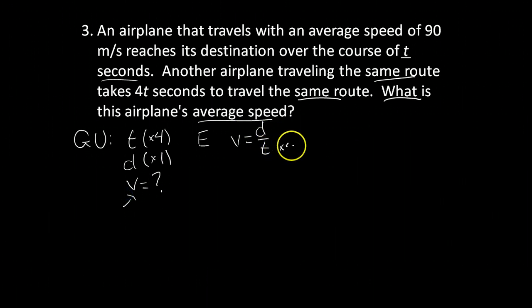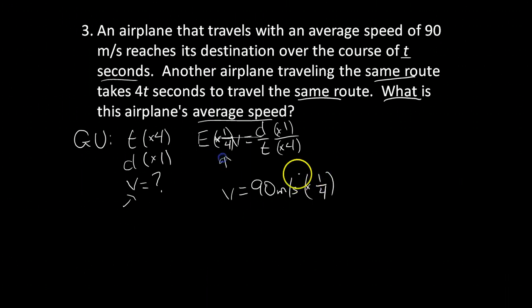Time is being multiplied by 4, and distance is being multiplied by 1. Okay, so that's 1 over 4. So it's like taking and multiplying velocity by 1 over 4, or 1/4. So the original velocity was 90 meters per second, and now we need to multiply that by a factor of 1/4, which we found out right up here.